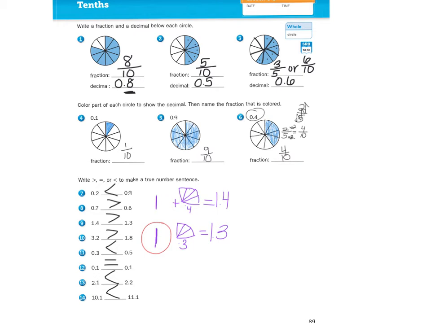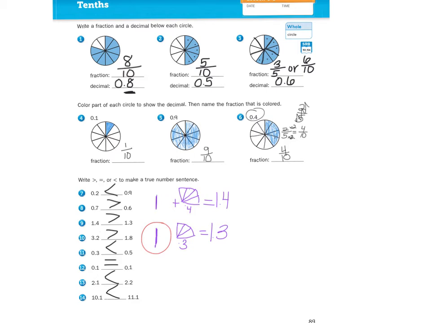You're going to do math journal or home link page 124. So you're going to do names for fractions and decimals. You're going to actually write the number in words. Do your best with spelling. I'll know what you mean.